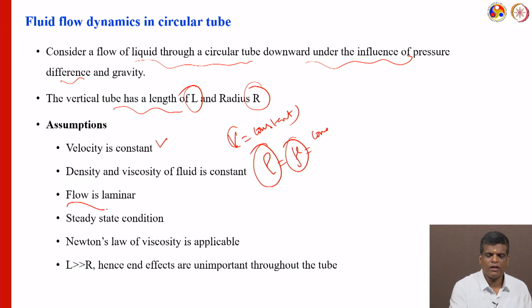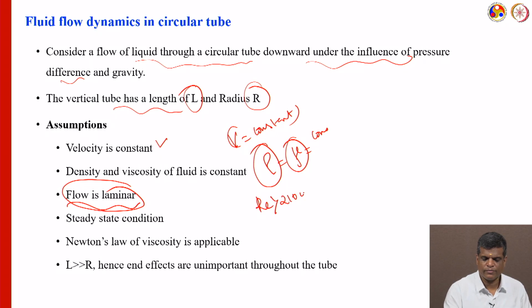The flow is laminar. We can use turbulent flow also, but for simple conditions we always assume laminar, so the Reynolds number should be less than 2100.